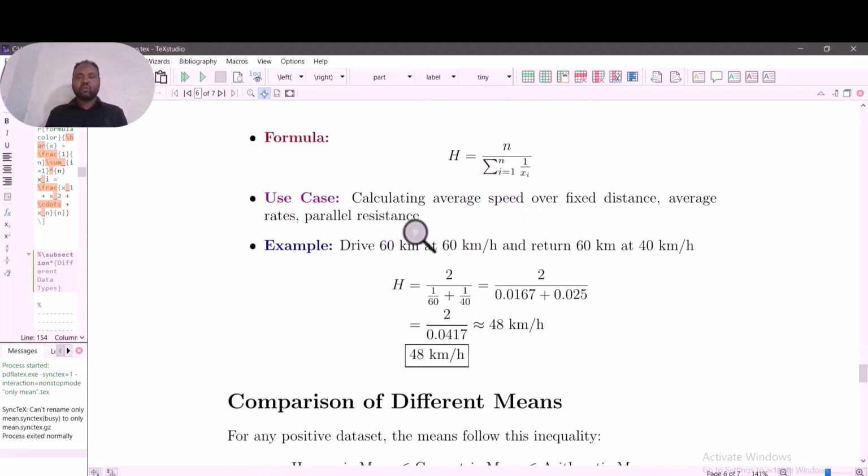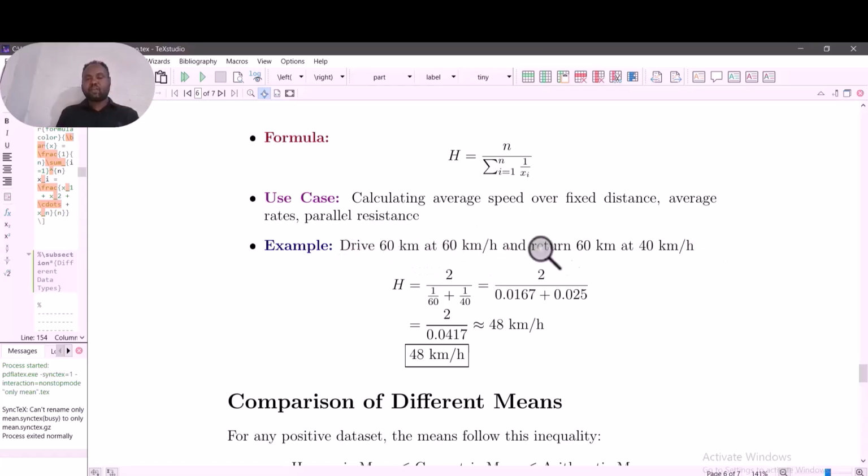This is useful for computing the average of speeds for a fixed distance, average of rates, or average of parallel resistances, and much more.